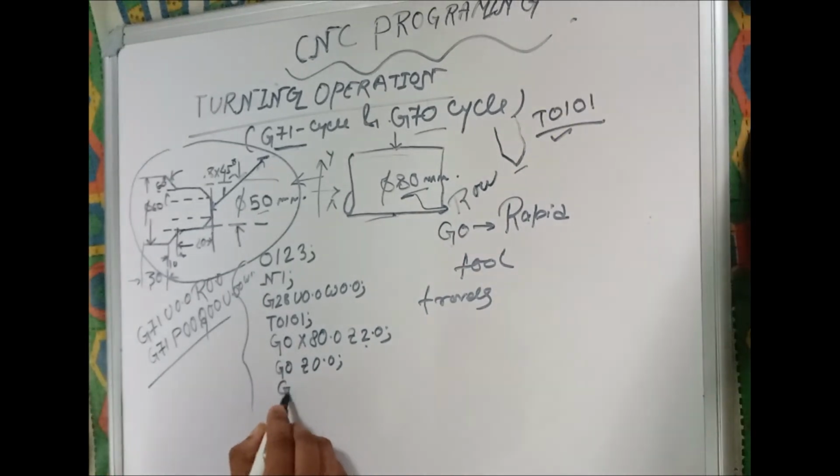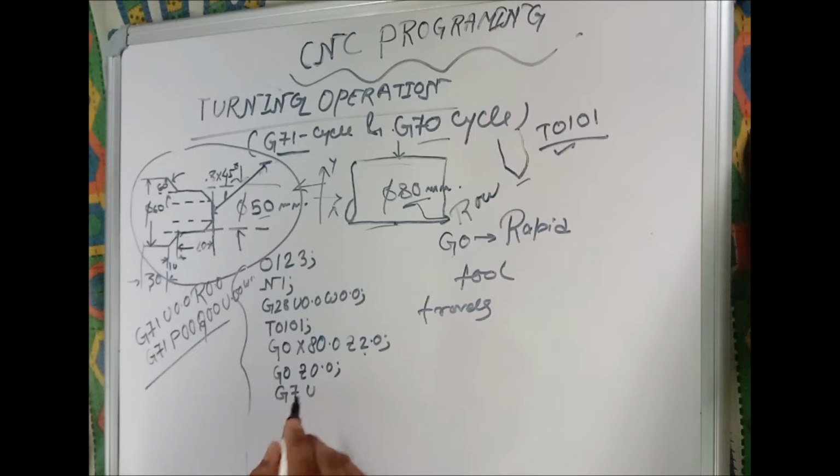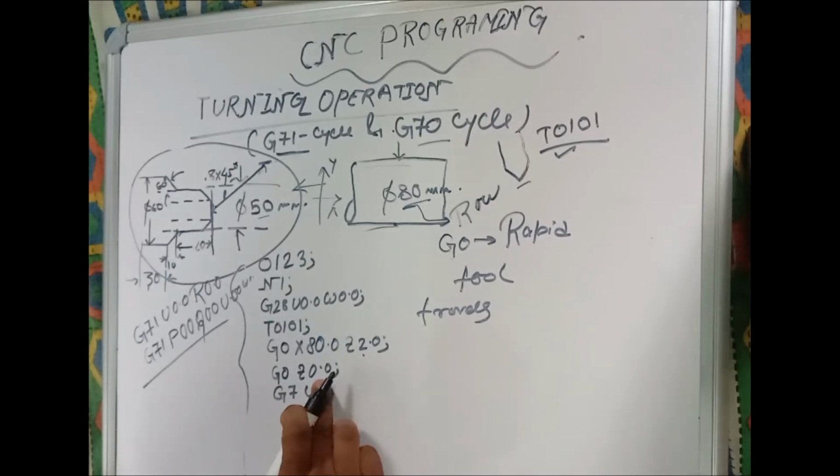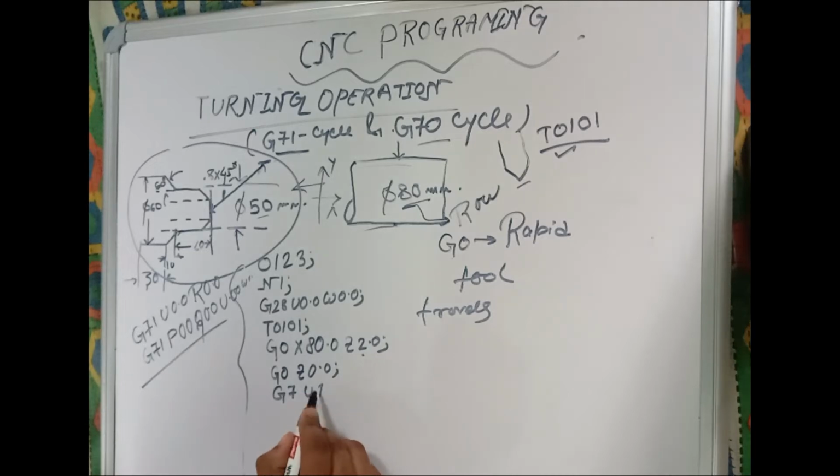Okay, G71 U, whatever we give, I will give 1.0 and R is 0.8.